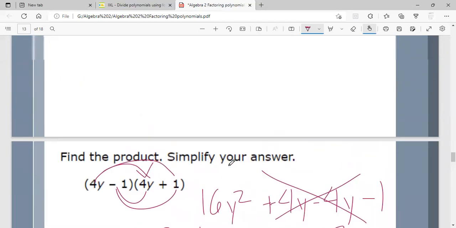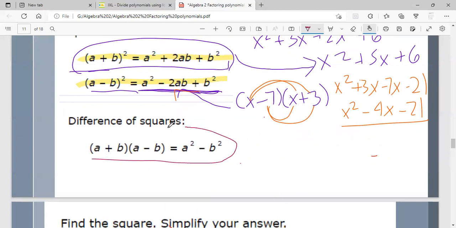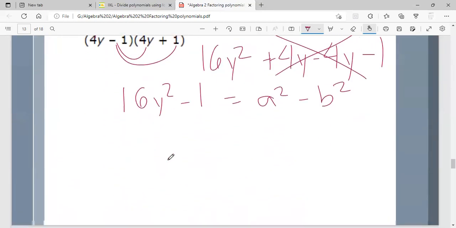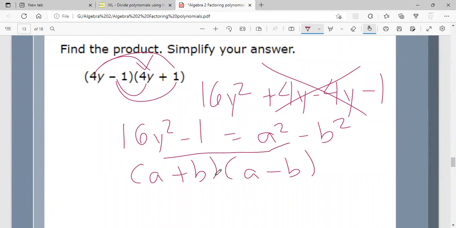And that is more so dealing with your difference of squares that you may want to keep in mind, all right? You could write it like this, or you could say a plus b, a minus b. This is the same as that. They're basically all the same. All right, let's keep going.